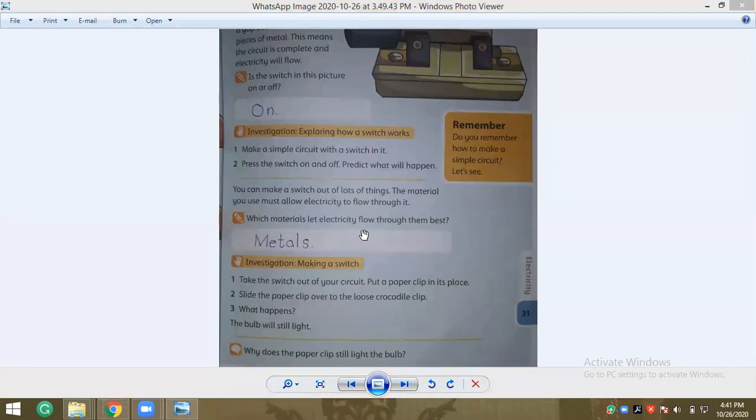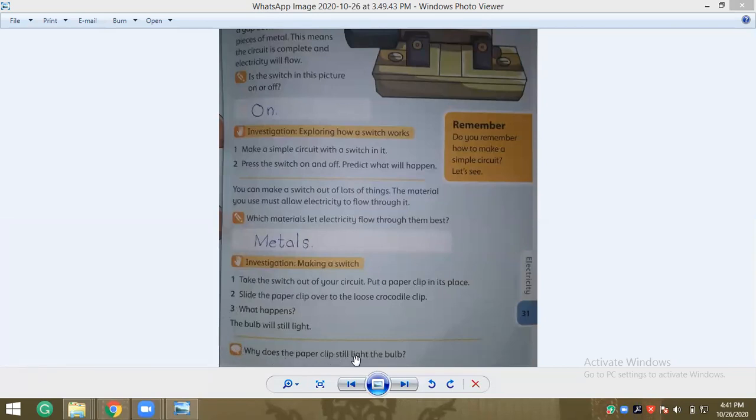Which materials let electricity flow through them? They are called metals. Right here, metals. Don't say I finished. Yes. Thank you. Metals.